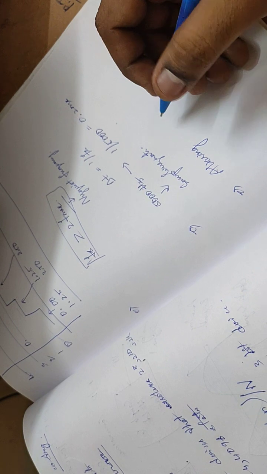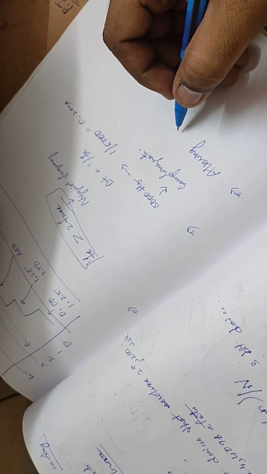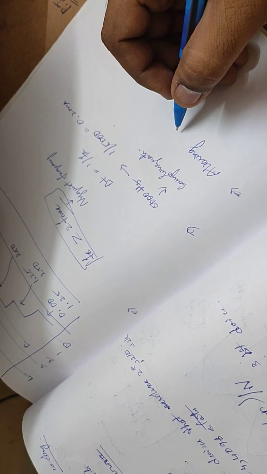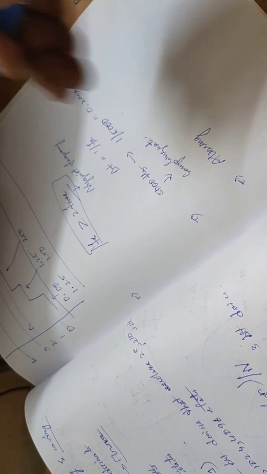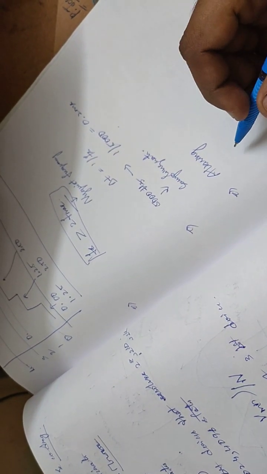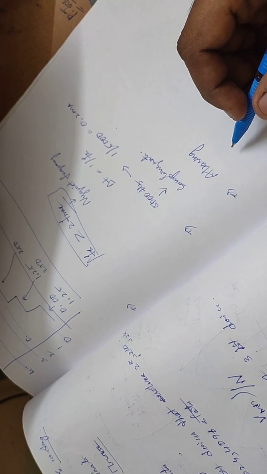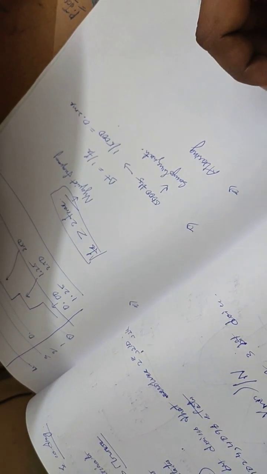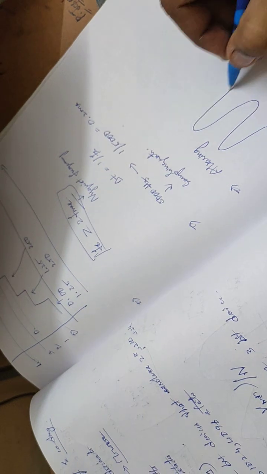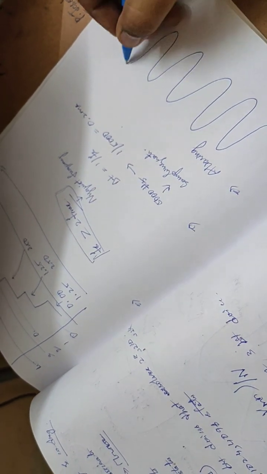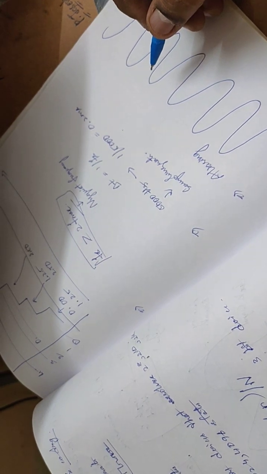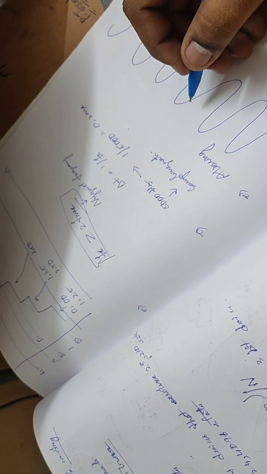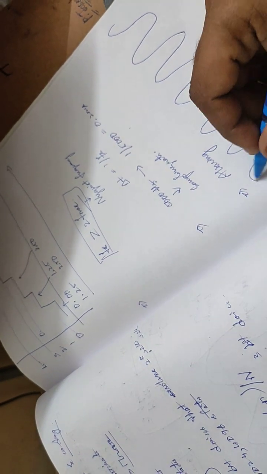Because the sampling frequency is not greater than 2 f0, it will not capture the frequency in the original signal. It's like, let's say, this is an original signal. Okay, now we consider these as sample points.